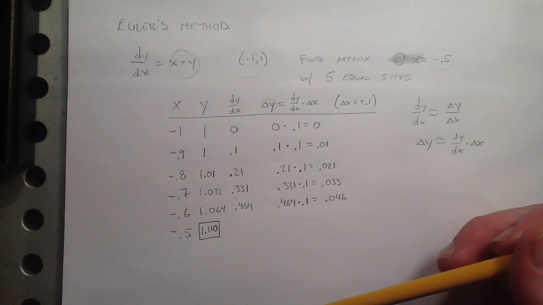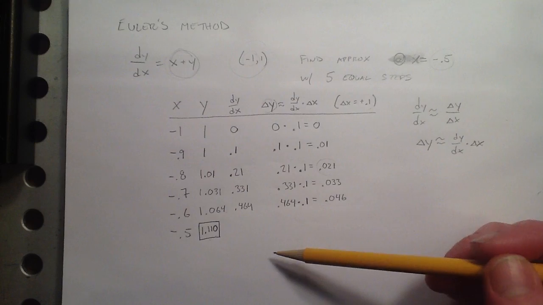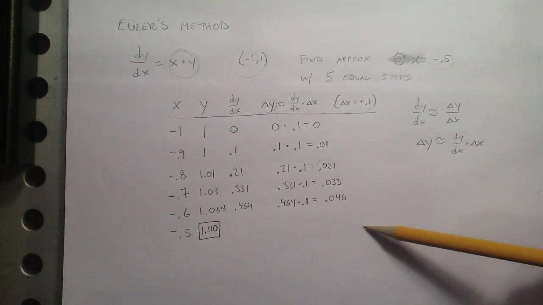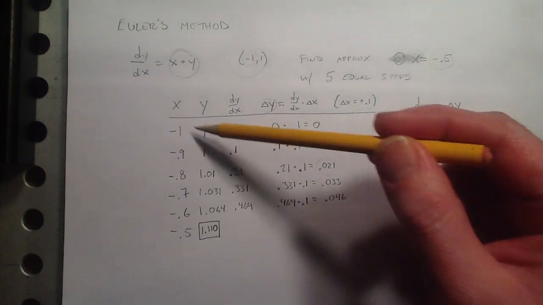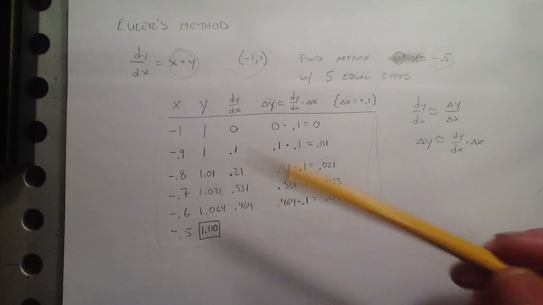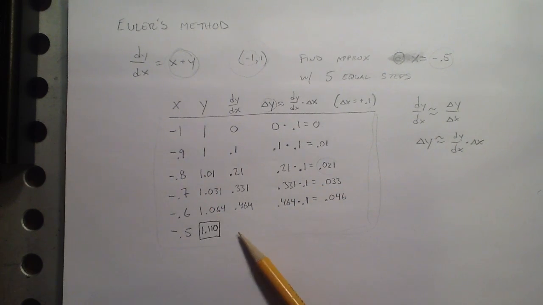I can't remember off the top of my head ever seeing a problem where you had to do more than 2 steps. Really, in the real world of differential equations and engineering, this is clearly the kind of procedure that is much better done by a computer than by a human being like yourself or me. But this is how the process works.